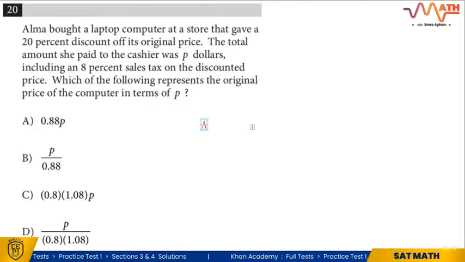So first we have to multiply by 1.08, which is the tax increase, right? When we increase by 8%, we multiply by 1.08.